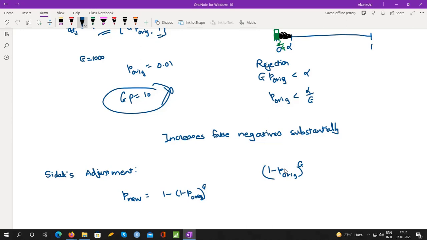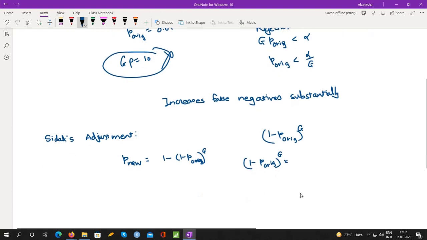Hello, ma'am. Actually, I want to comment on that. That 1 minus p original raised to g, if we expand it, it will be some binomial expansion, and somewhere there will be g into p original. Okay, give me a couple of terms of the expansion. P original raised to g, minus gC2 minus 1 p original raised to g.